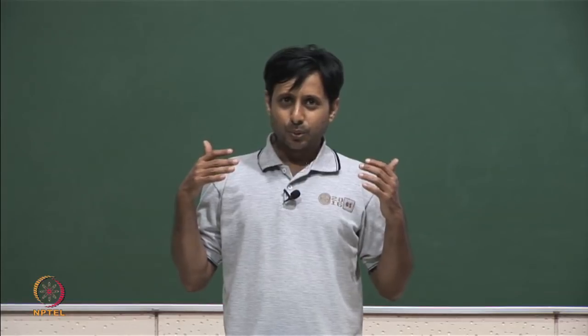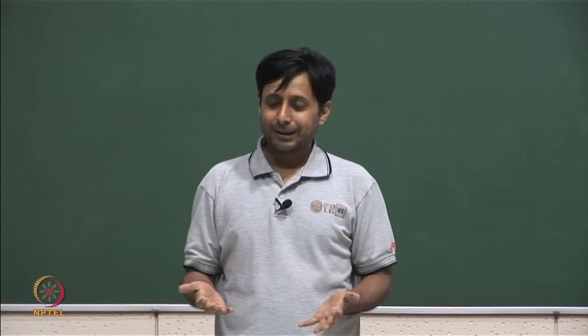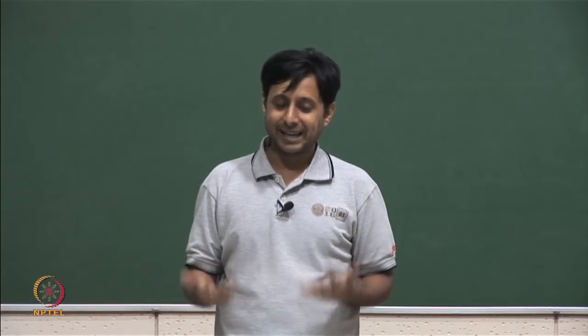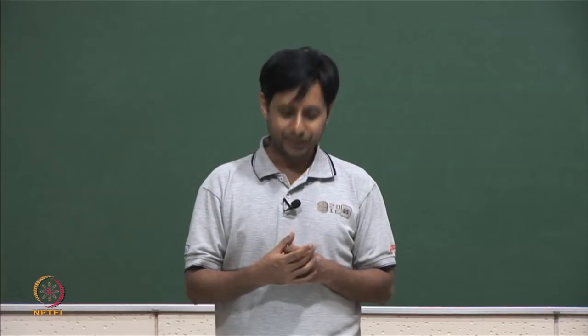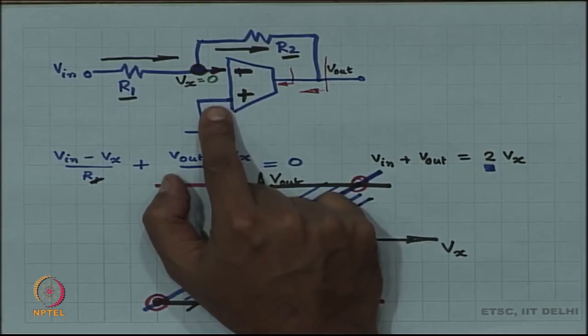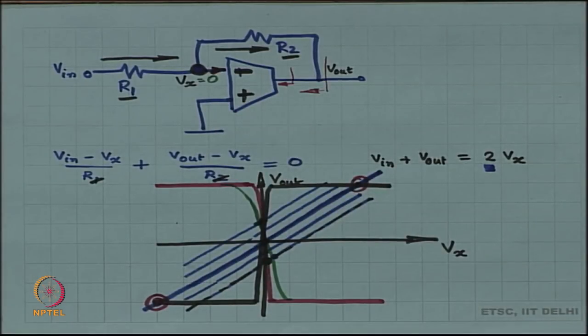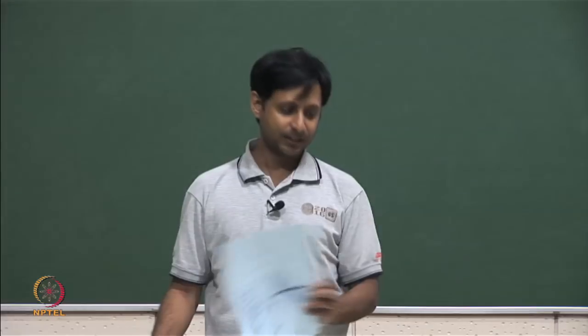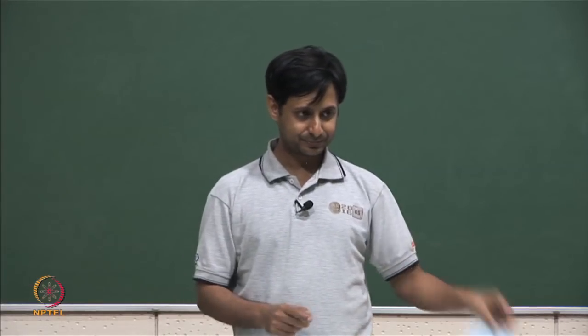All right. So, what is the mechanism to make sure that the operating point of the op amp is correct? This mechanism is called negative feedback.